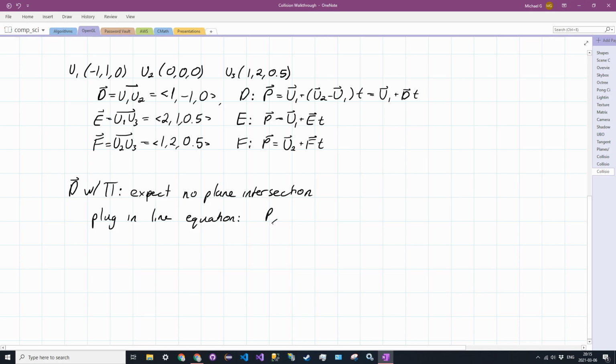So Px, the general x, is equal to U1x plus U2x minus U1x times the parameter t.